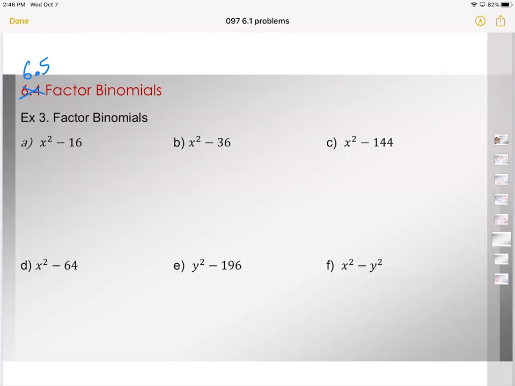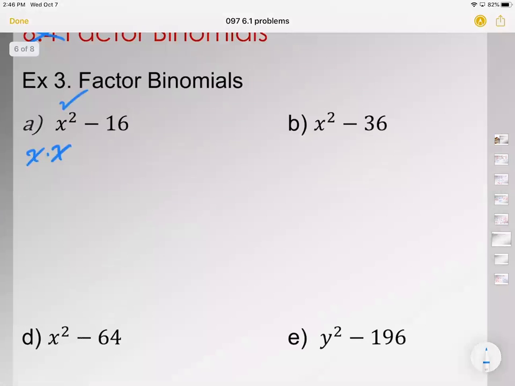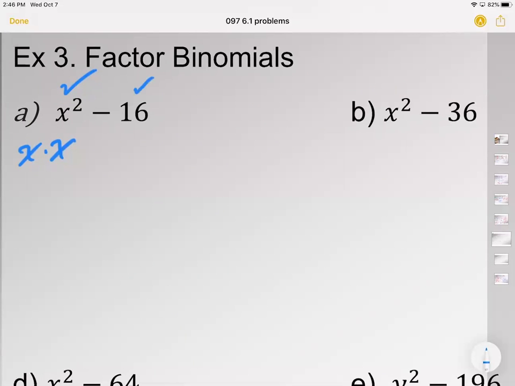First of all, you have to ask yourself, is the first item a perfect square? You can see that the first item is a perfect square. Why? Because x times x is x squared. Is the second item a perfect square? You can see that the second item is also a perfect square.